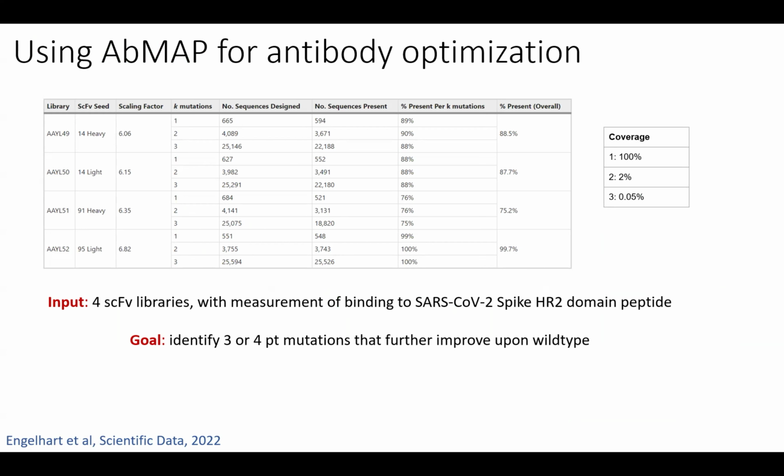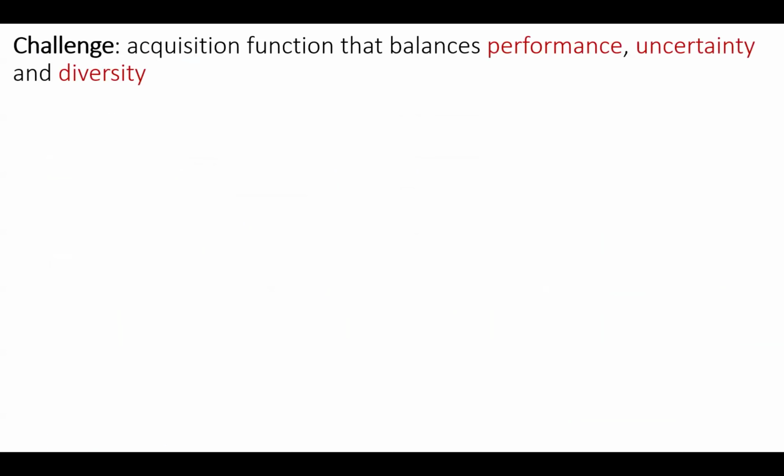And again, the basic approach here is you would essentially propose a mutation, and then you will score it using some kind of an AbMAP model. And then you would say, if it's good, I'll use it. So one thing here that I want to draw your attention to is something that you probably have seen if you have ever done this kind of an optimization campaign, is that when you're coming up with these candidates, you're trying to balance a few different objectives. You want to find candidates that are going to be high performant.